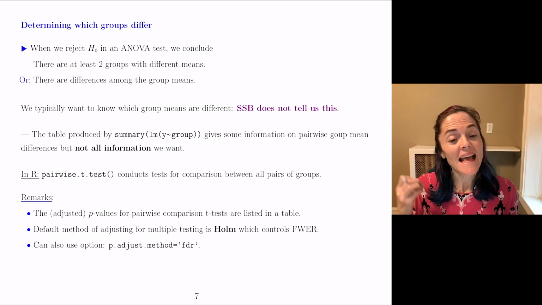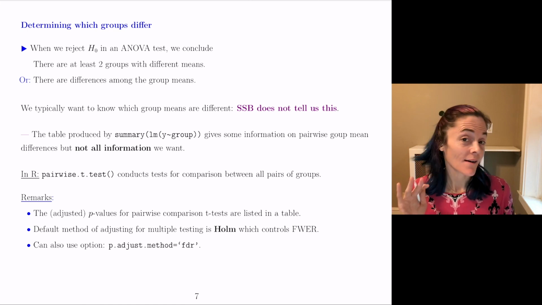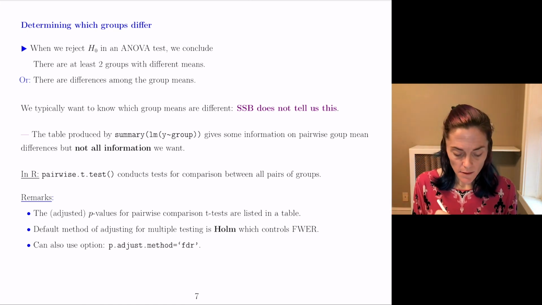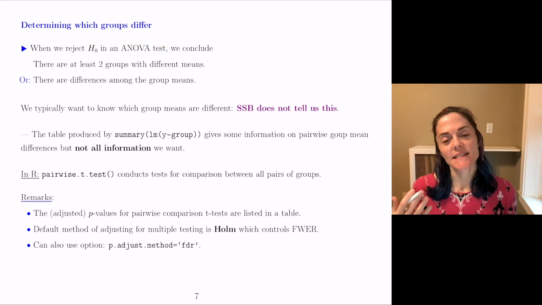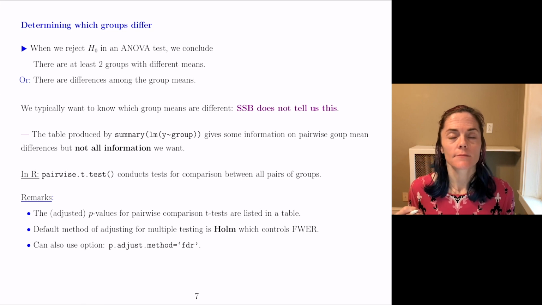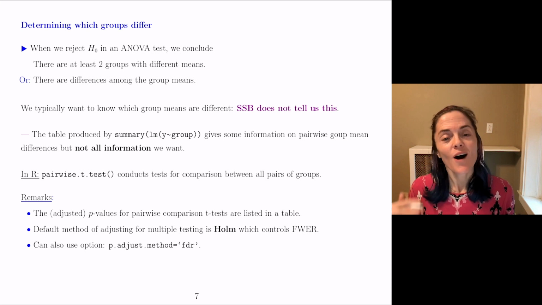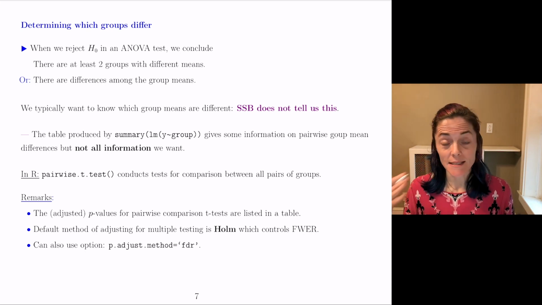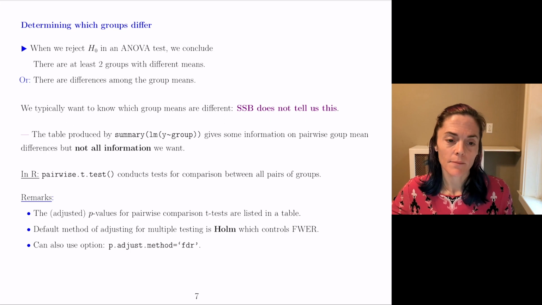Okay. The last thing I will just briefly mention, and then you can practice this in our Canvas course, is regarding determining which groups differ. So when we reject H0 in an ANOVA test, we conclude there are at least 2 groups with different means. Another way to say that is there are differences among the group means. All you can really say from a statistically significant ANOVA is that it is not the case that all group means are the same.